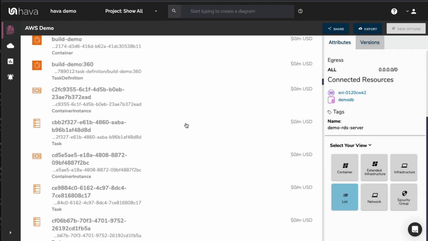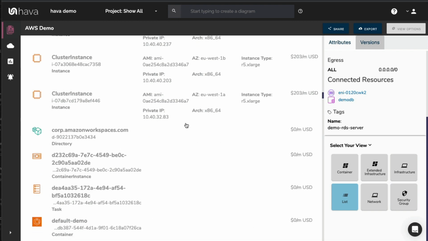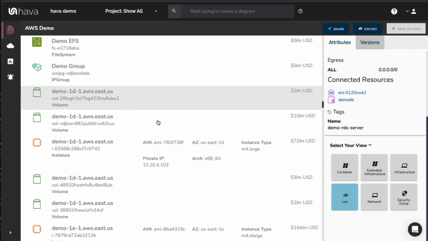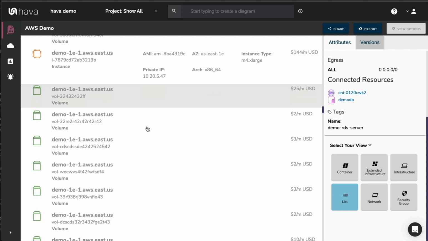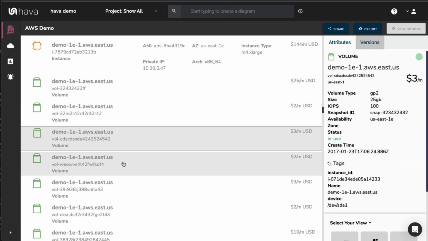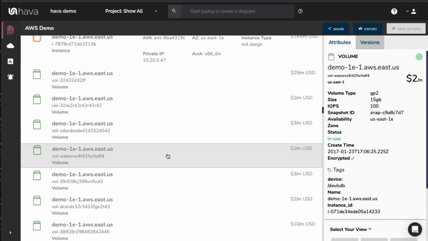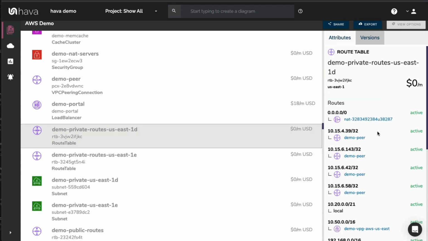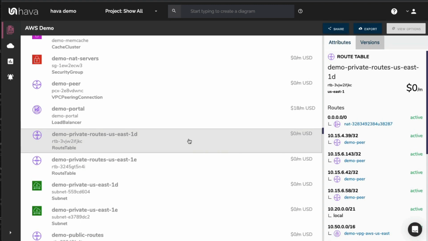We've got our clusters there, IP groups, and volumes here that aren't visualized but are connected, route table as well. All these things are detected and running, but not necessarily on the visualization, aka the architecture diagram.